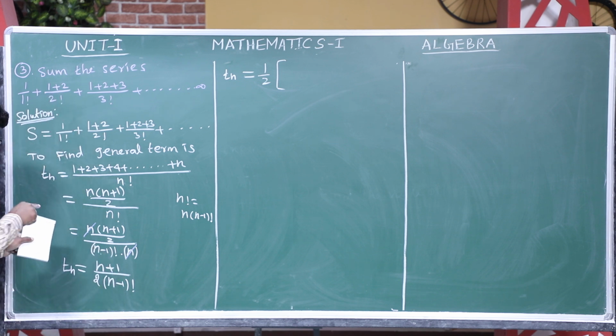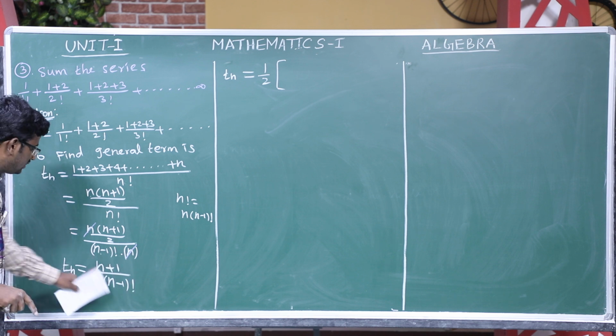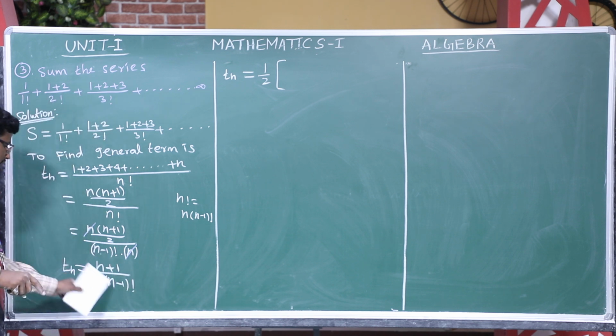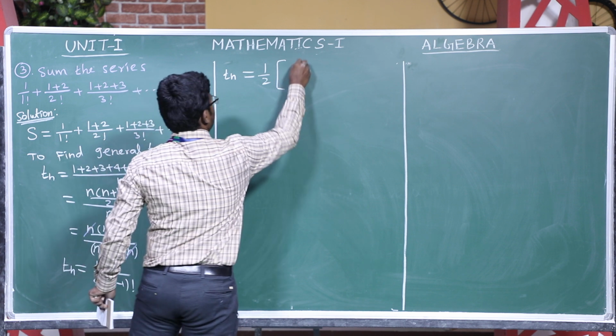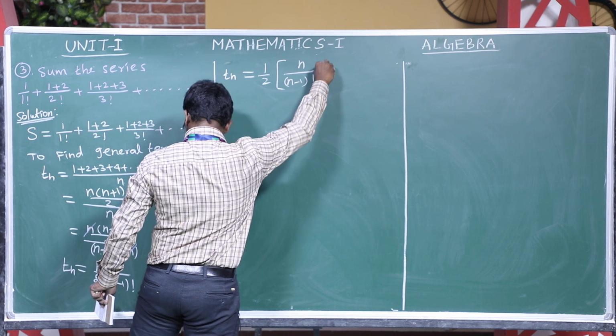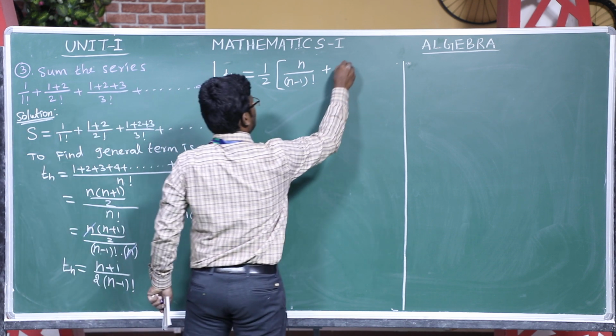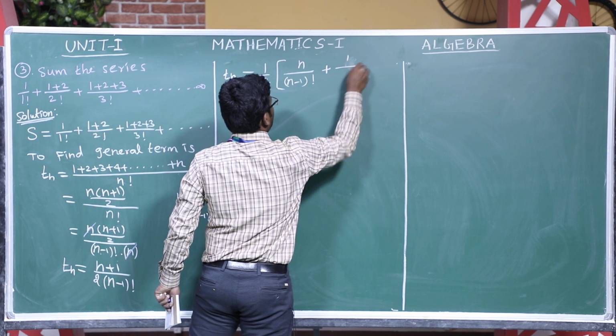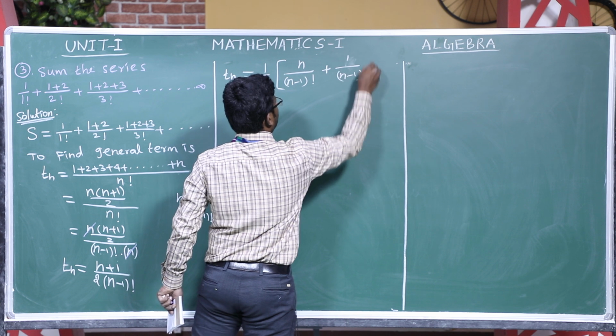I am splitting the numerator, since the denominator is common. So (n plus 1) by (n minus 1) factorial is n by (n minus 1) factorial plus 1 by (n minus 1) factorial.